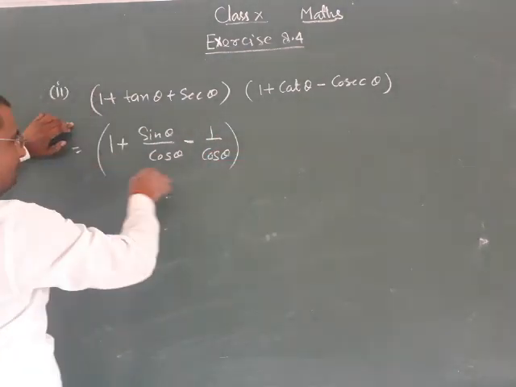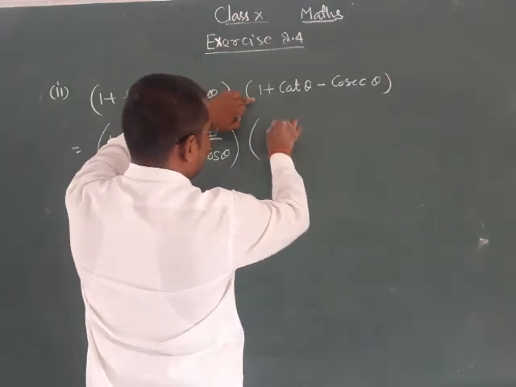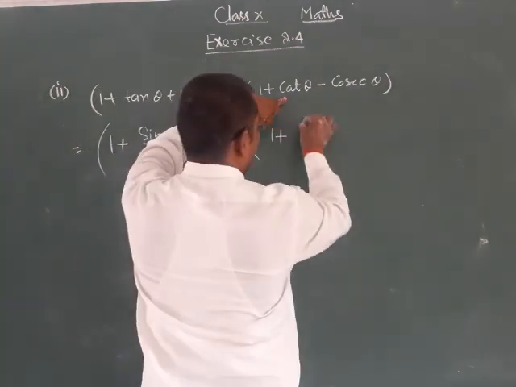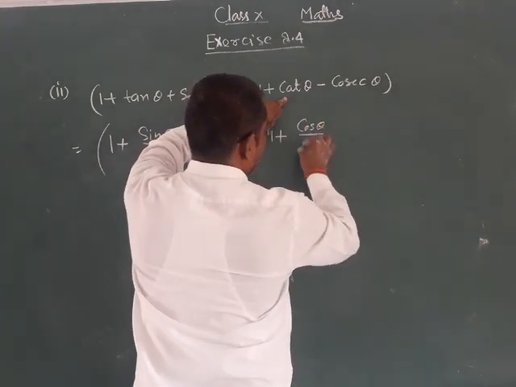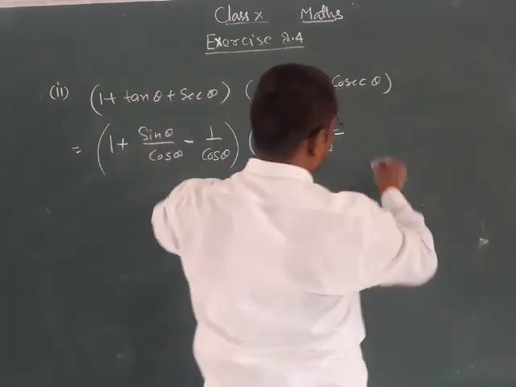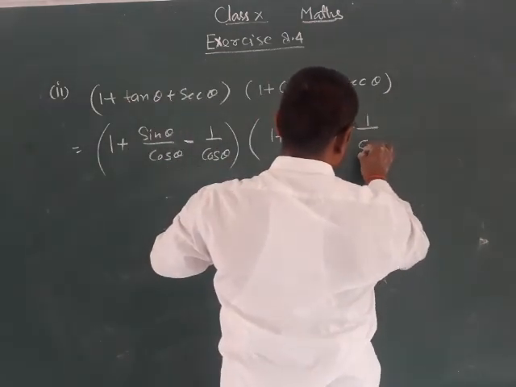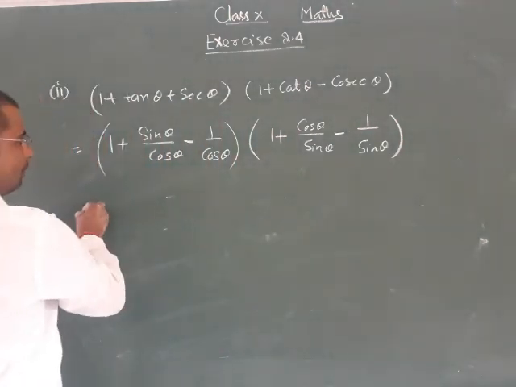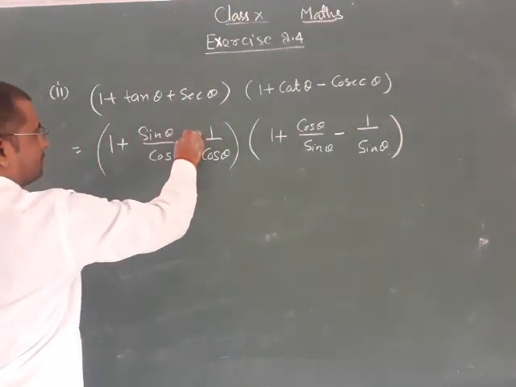In the other bracket, 1 plus cot theta, cot theta is cos theta upon sin theta, and minus cosec theta, 1 upon sin theta.